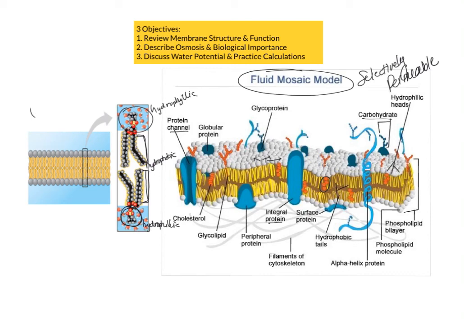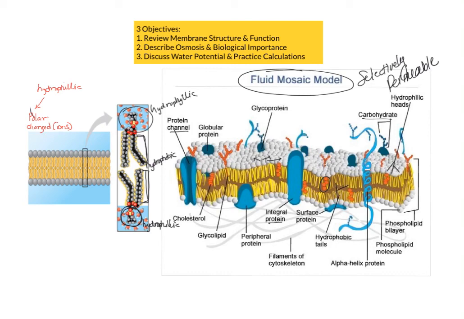And a quick way to predict whether or not a substance will be able to move through the phospholipid bilayer is to think about its chemical properties. Typically, if you are a substance that is either polar or charged, if you think ions, for example, that have charges on them, that means you're hydrophilic, right? Water can interact with you.